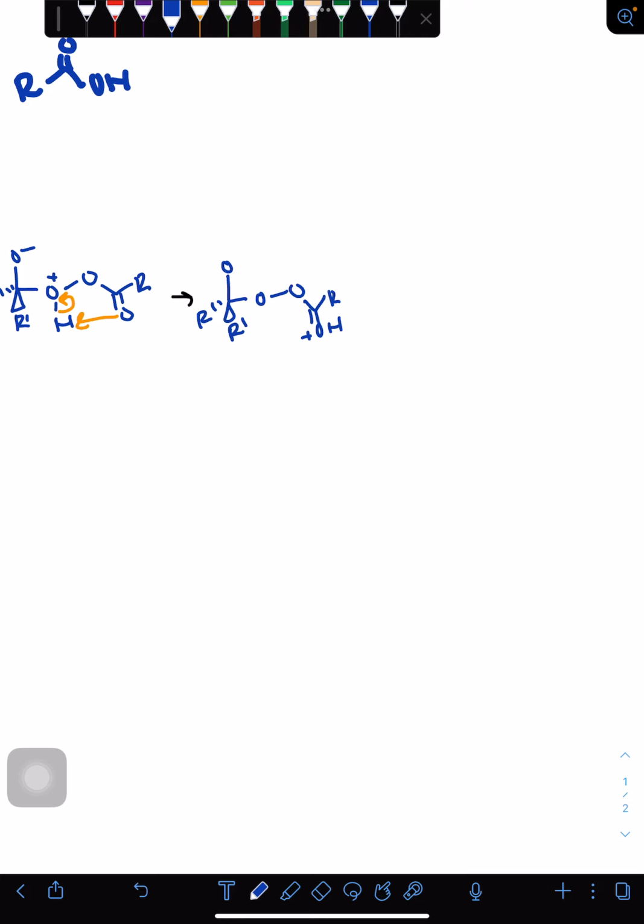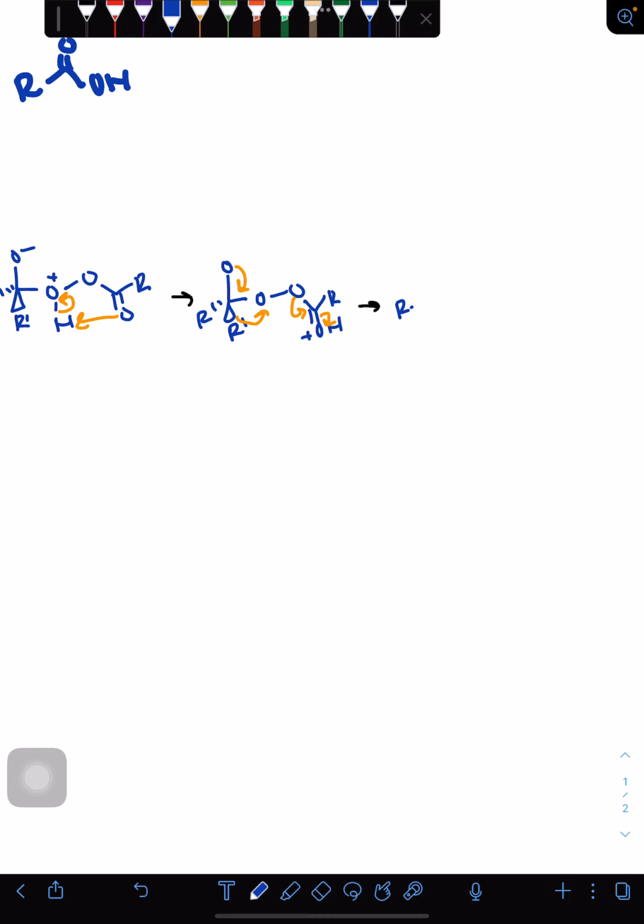This bond is going to attach to this oxygen. This oxygen is going to go down. This oxygen is going to go over here, and then this double bond is going to go back there. And with all these arrows it's going to give you 2 products.